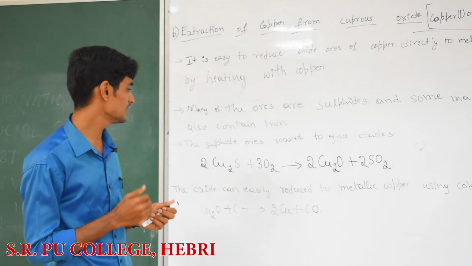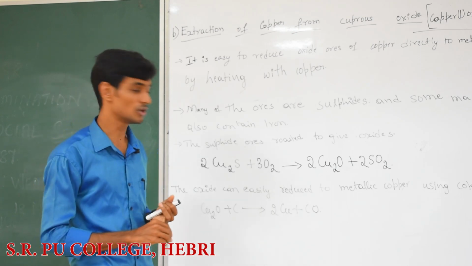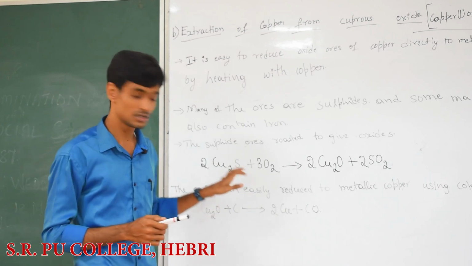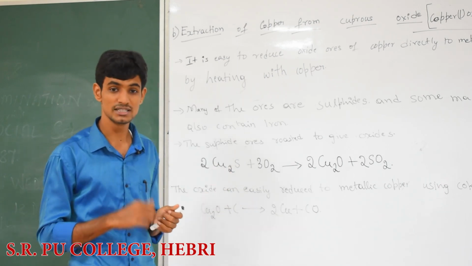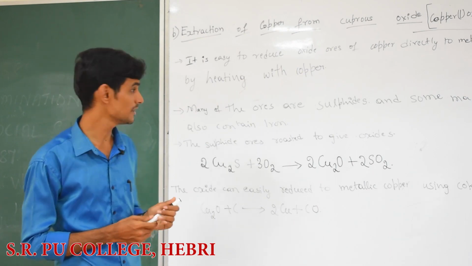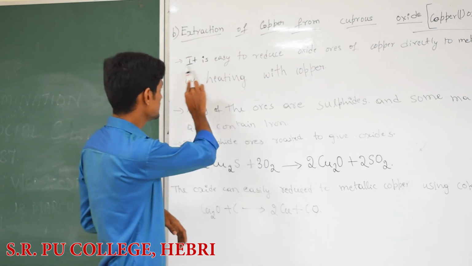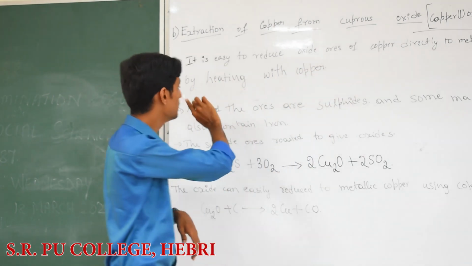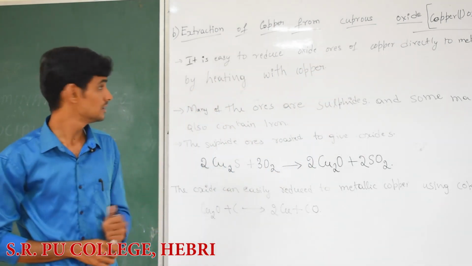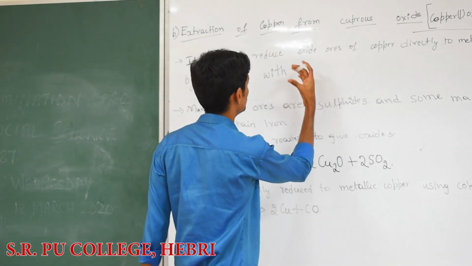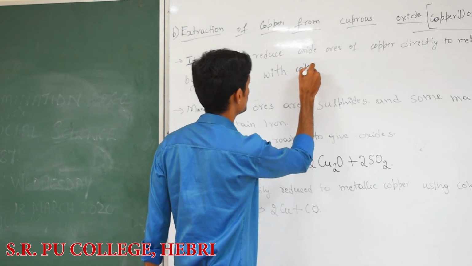You can use carbon or coke at any temperature, because the line of copper oxide is present above all the others at all temperatures. So it is very easy to reduce oxides of copper directly by heating with coke. It is not copper, make a correction. It is coke.